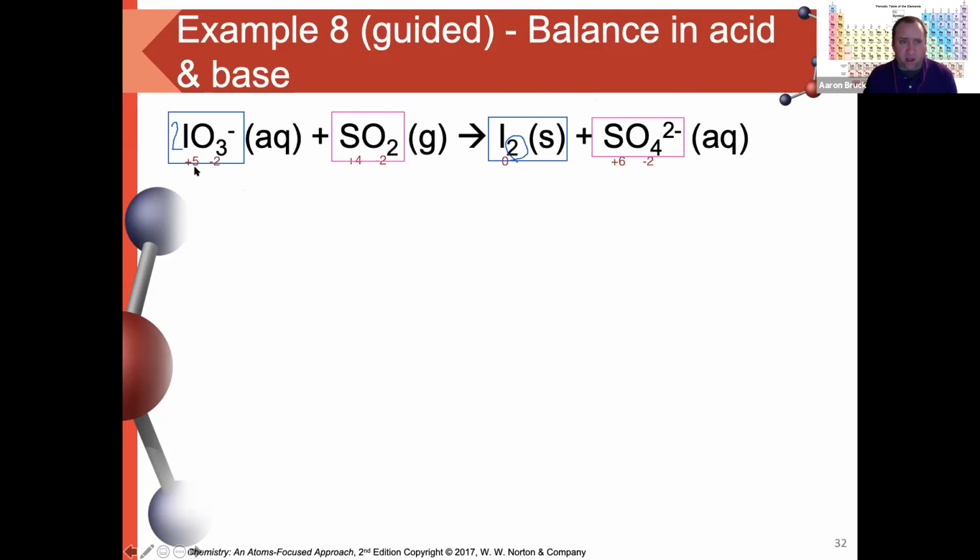Now, for the iodine, I'm going from 2 versions of +5 to 0, which means that a total of 10 electrons have been gained. Each iodine going from 5 to 0 gained 5 electrons. The fact that there are 2 of them, 5 times 2, gives me that 10.